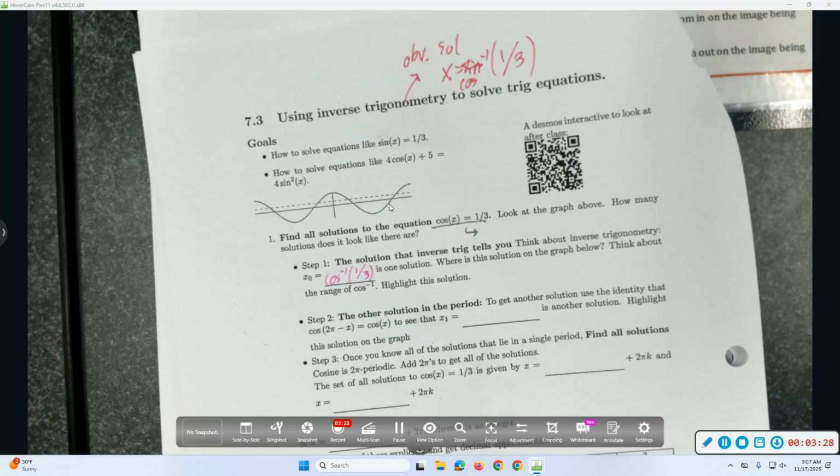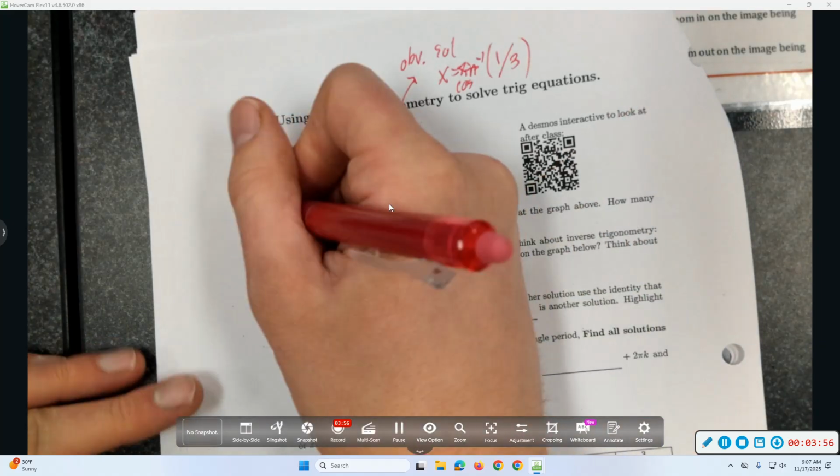And let's get this also. What's the range of inverse cosine? 0 to pi. So, this number, inverse cosine of 1 over 3, let's locate it on this graph. On this graph, we see a bunch of solutions.